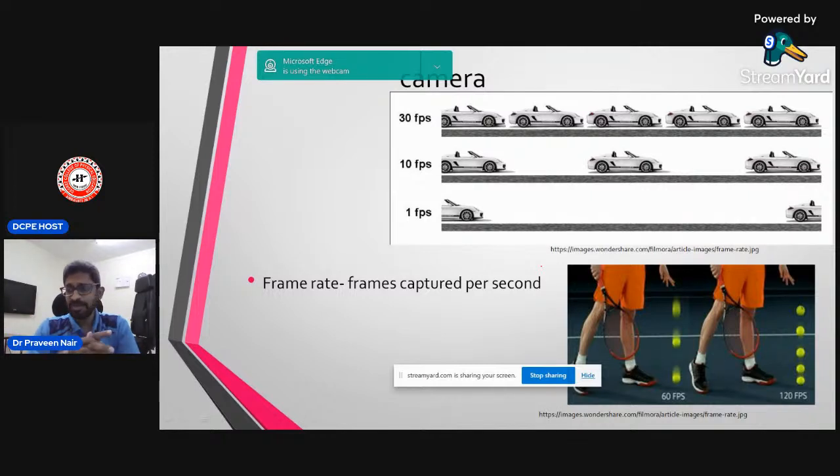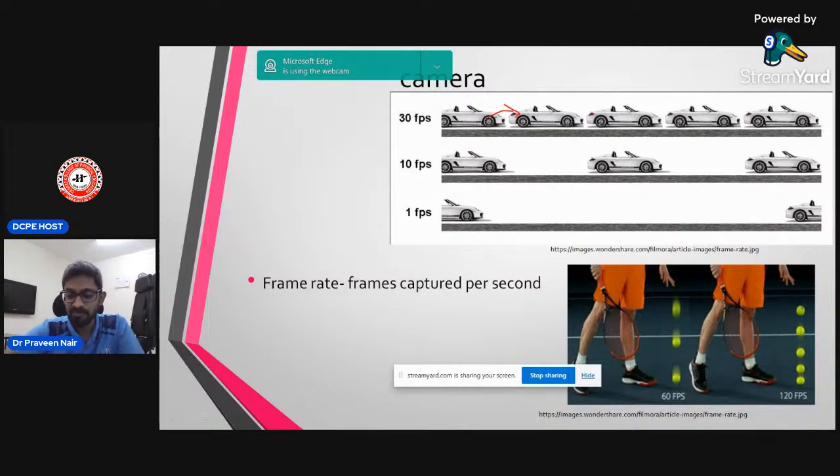There is a formula actually. If you divide the object velocity by the frame rate, you will get some distance. That distance is how much your object has moved per frame.